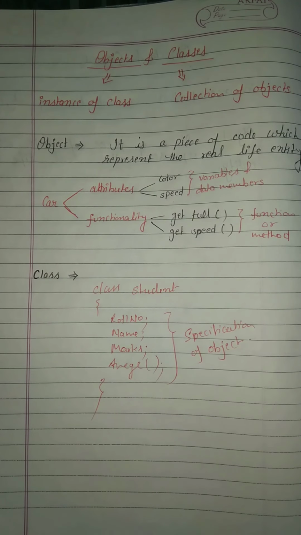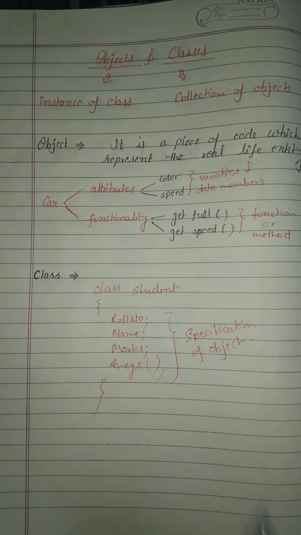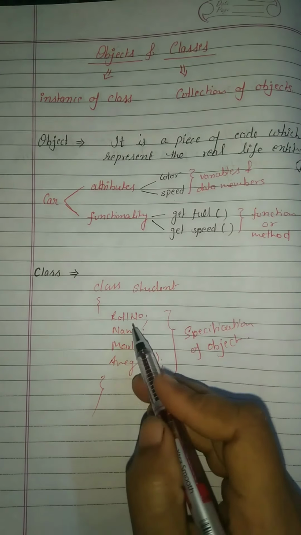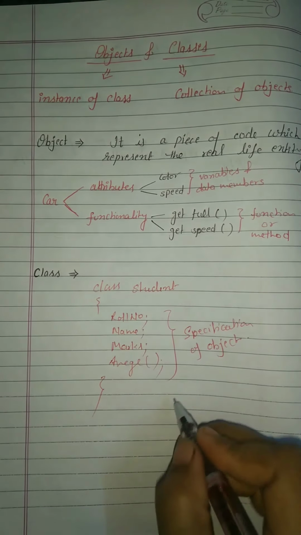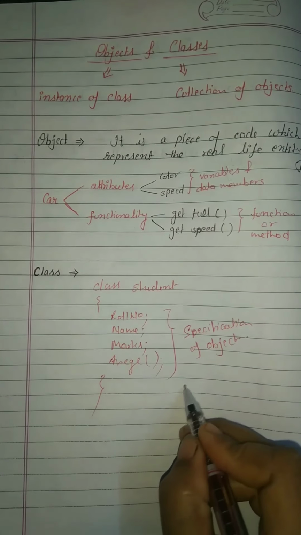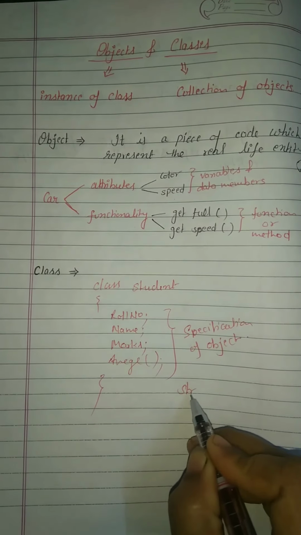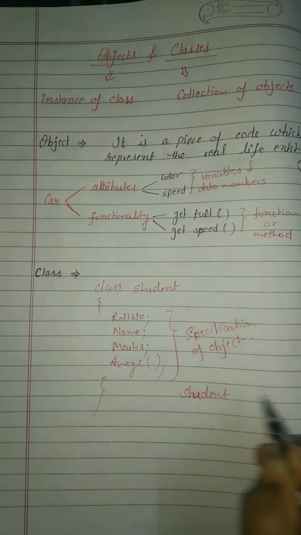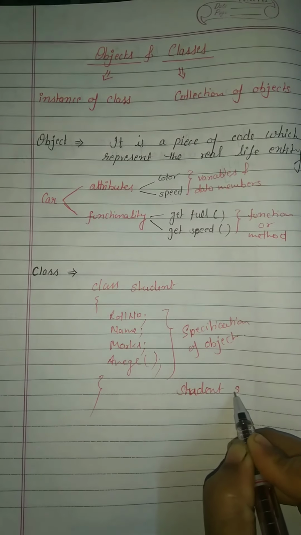Let us see, when we want to execute or call these methods and variables, we need the class Student and an object name.